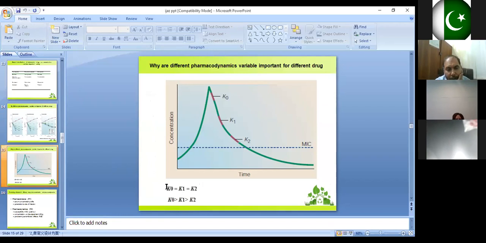In the case of time dependent drugs, if the concentration is increased above the MIC up to the maximum, it doesn't matter, because the effect will be the same, as they have no post antibiotic effect. For concentration dependent drugs, you can see that if the concentration is increased, the effect will be more, and the effect decreases when the concentration decreases.